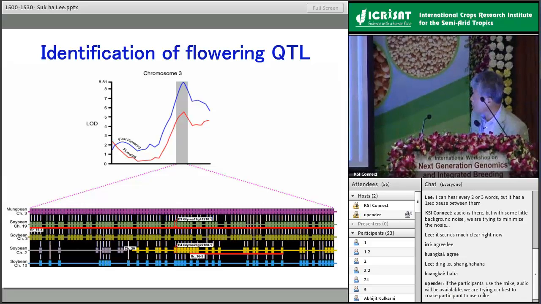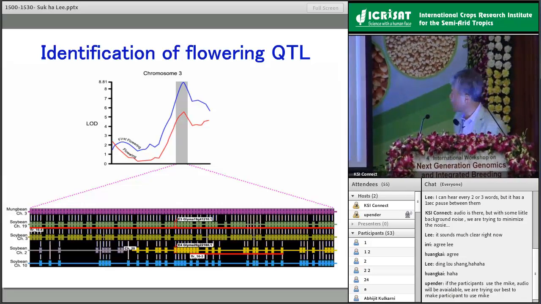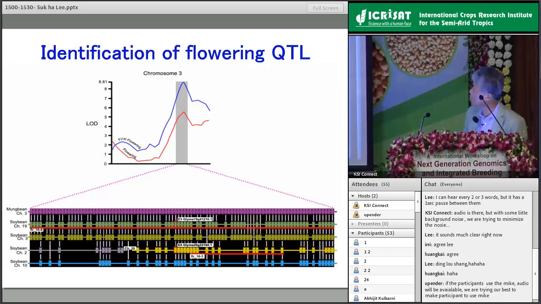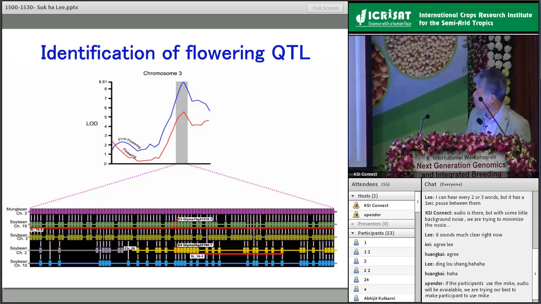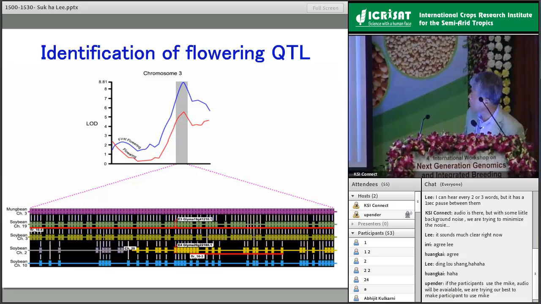The recent duplicated region and the ancient duplicated region also have these genes, but one of them does not have that gene. So by comparing the QTL positions of mungbean with soybean, we found that this mapping population is pretty good for further mapping of agronomic traits.